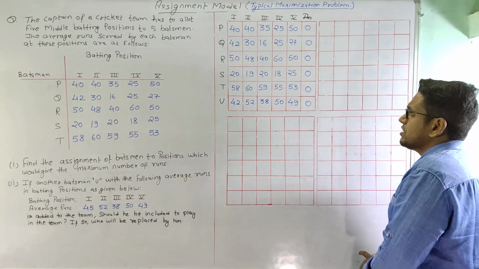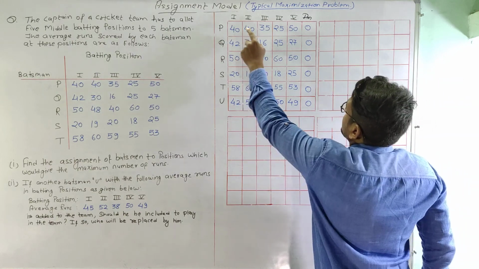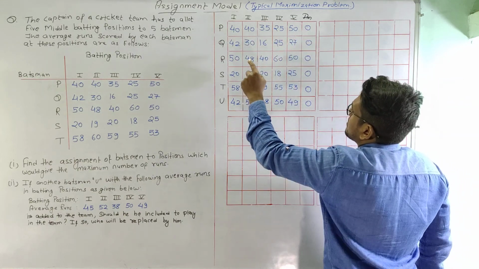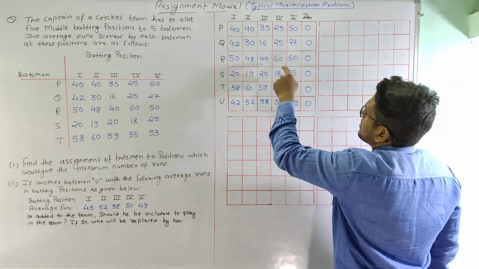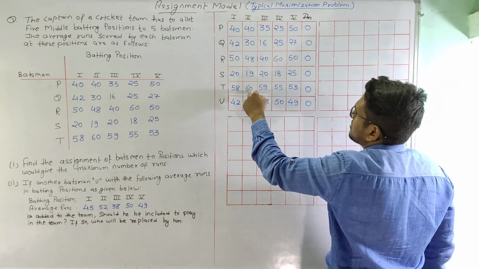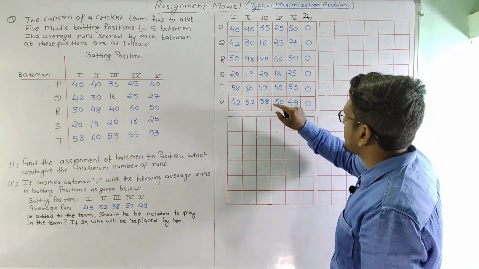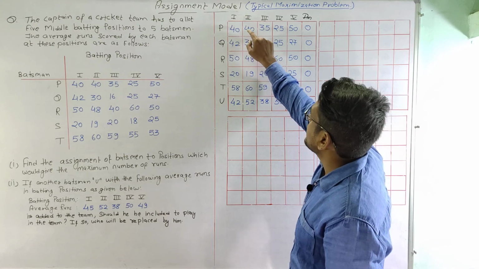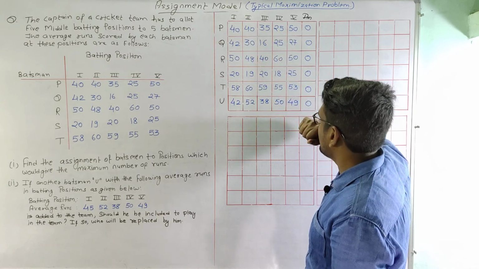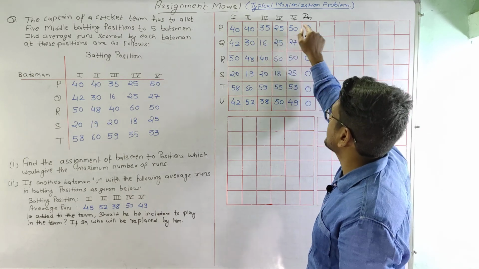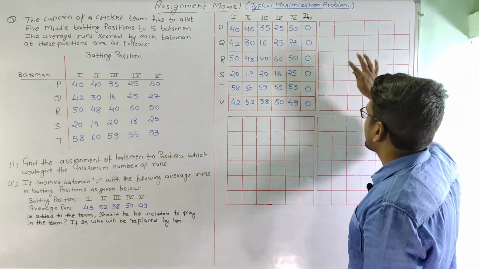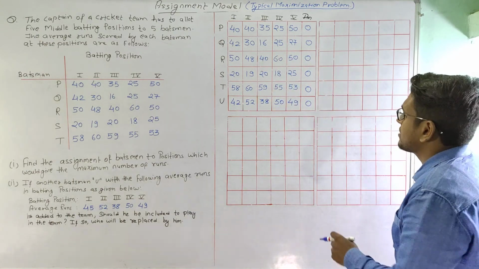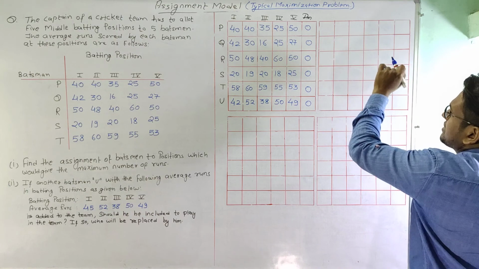We will convert it by selecting the maximum value in the matrix. As we can see, 60 is the maximum value, so we will subtract each element of this matrix from 60, and our minimization matrix will be calculated. So let us calculate the minimization matrix here.